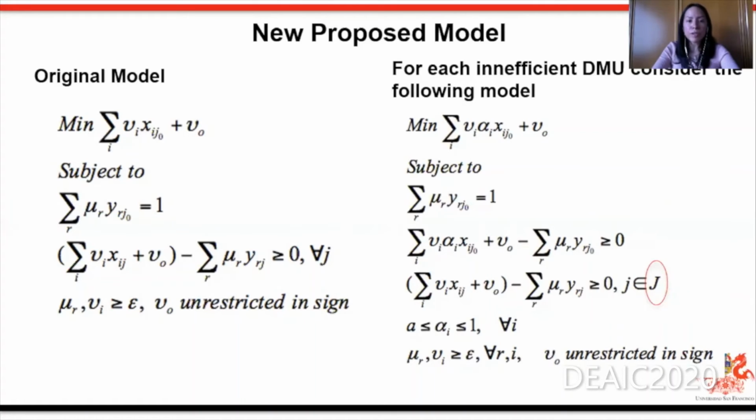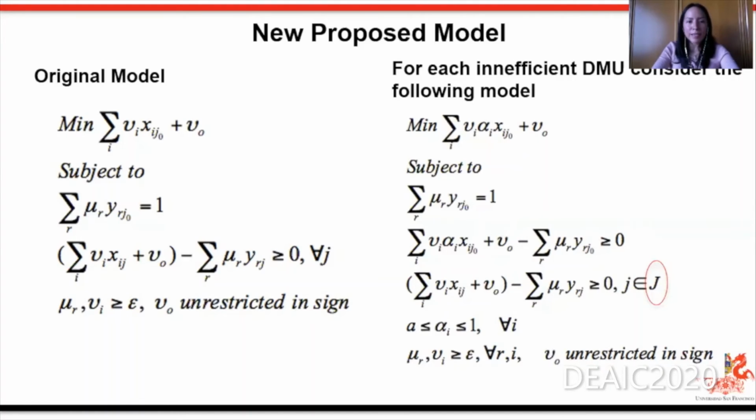Here, constraint 4 defines the PPS, the production possibility set, for the overall DEA model given by the original model, which is on your left-hand side. At the same time, whatever reduction in inputs occurs, the resulting adjusted DMU should lie within that production possibility set, as expressed by restriction number 3.